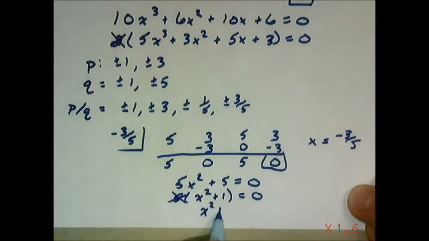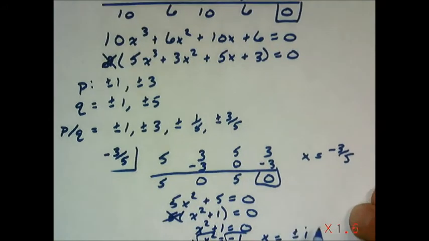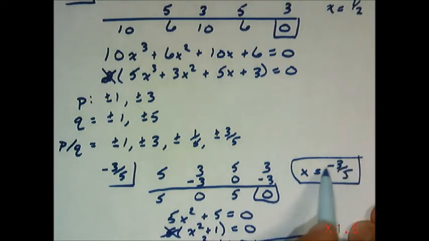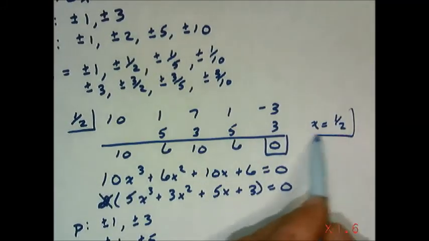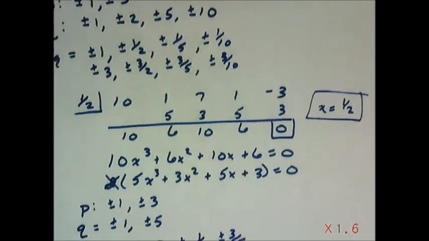And I can use the square root method to solve x squared plus 1 equals 0. So here x squared equals negative 1, so x equals plus or minus i, as I take the square root of both sides. So now I have my 4 solutions. x equals plus or minus i, x equals negative 3/5, and x equals 1/2.